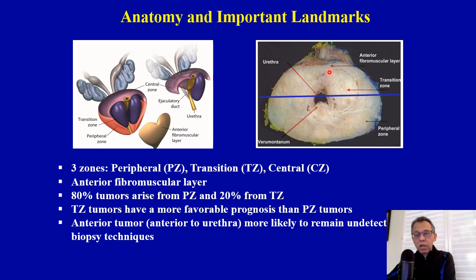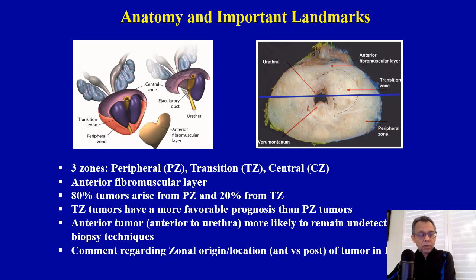So often you see some tumors in this particular location for which you may not have exact biopsy correlation, but that particular practice is again, I think, changing with the use of MRI-guided biopsies as well as use of transperineal biopsy approaches. So because of all this, comment regarding zonal origin or location, specifically anterior versus posterior location for the tumor, in your pathology report is critical.